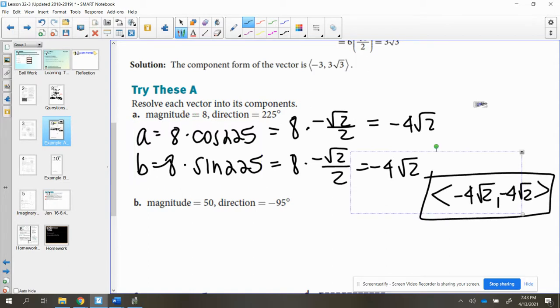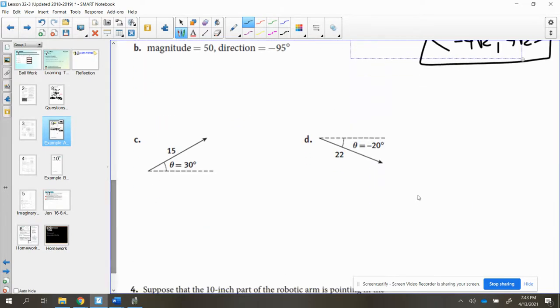That will be a component form. Now, obviously, we sometimes will have angle measures that are not from our unit circle, for example, example D, or even if you're just rounding. Again, I'm not being too particular at this time, but on this one, our magnitude, our length here, is 22, and the angle measure is negative 20 degrees.